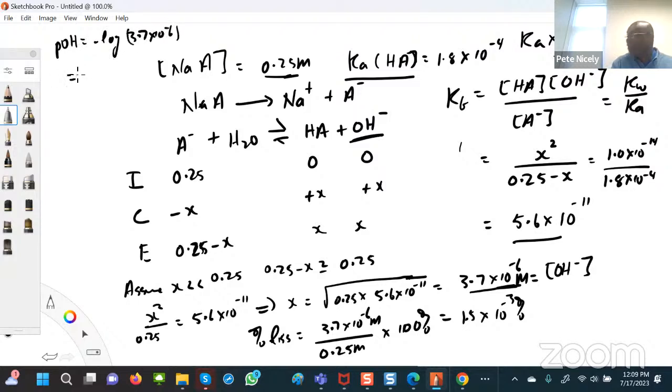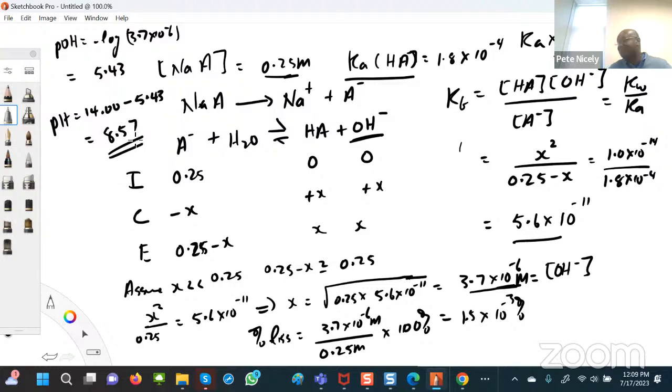According to my calculation, that works out to be equal to 5.43. And therefore, we find the pH, which is equal to 14.00 minus 5.43. And let's see what that gives. That gives 8.57. And that would be the answer to the question.